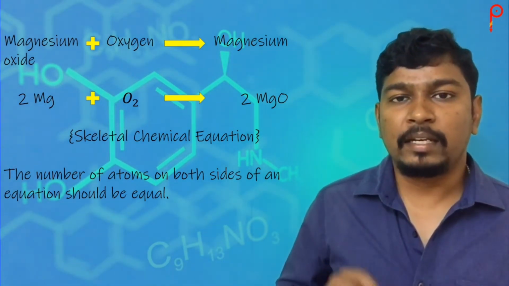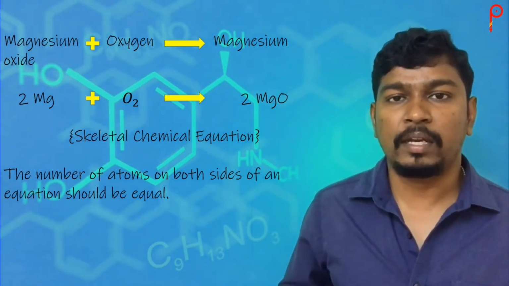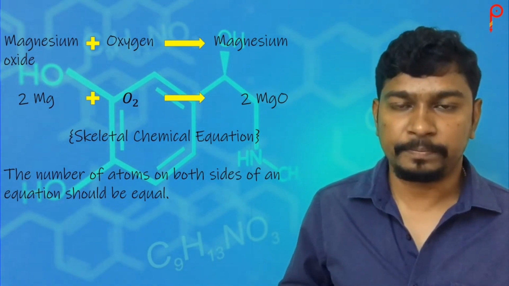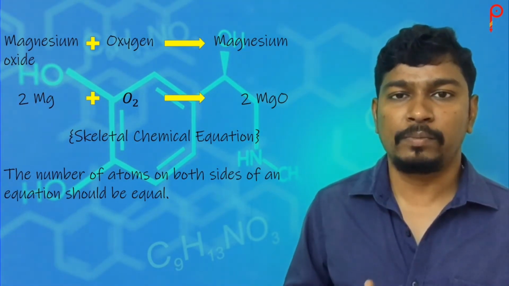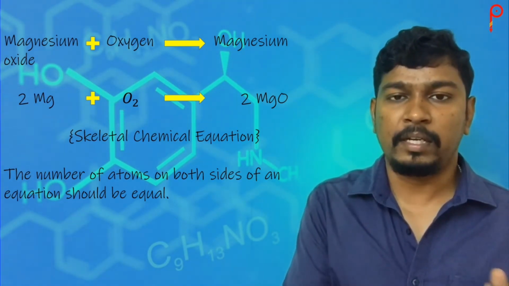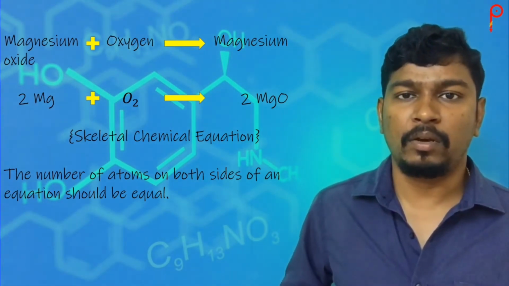But this skeletal chemical equation won't be sufficient to understand and to process the equation for further use. Now in this universe, everything has to be balanced. The number of atoms on the left hand side and the number of atoms on the right hand side has to be equal always.